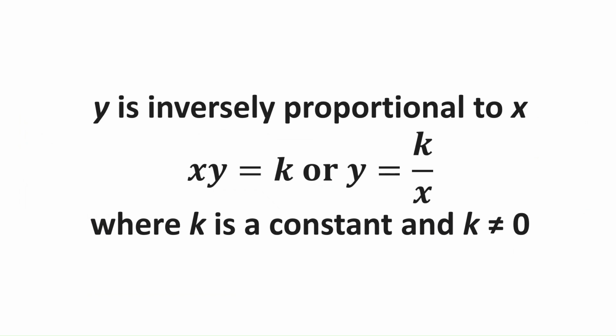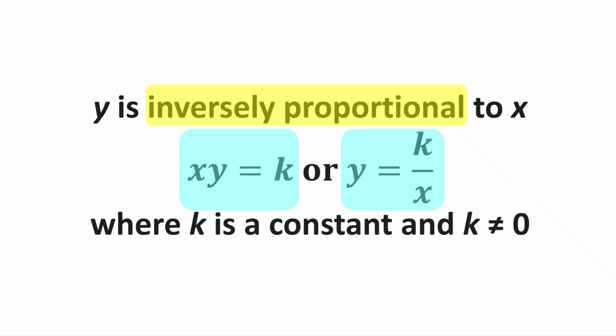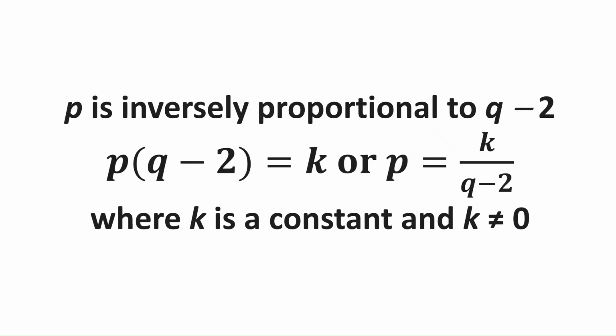Hence, if we are told that y is inversely proportional to x, we can write this as a mathematical statement xy equals k or y equals k over x, where k is a constant and k is not equal to 0. The variables y and x can be replaced by any other variables, such as p and q minus 2.